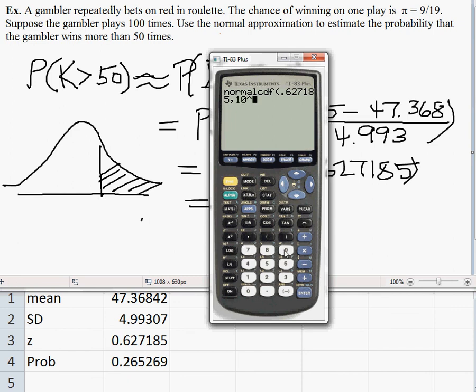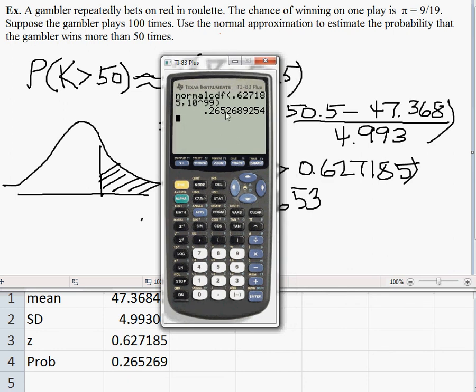So I'll put in some really big number, I'll choose 10 to the 99, so that I get the area to the right of 0.627. And I get the same answer, 0.265269. That matches what you see here from Excel. So that is how to use the calculator to find the area to the right. You should basically just use 10 to the 99 or negative 10 to the 99 as either the right endpoint or the left endpoint, respectively.